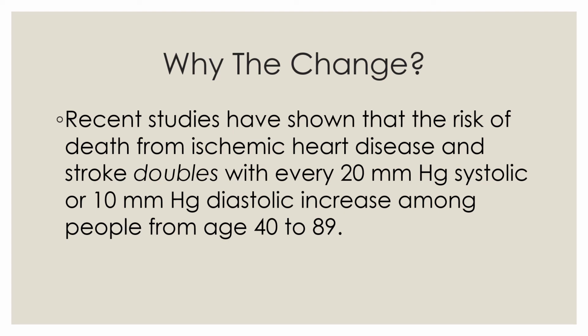So a statistic that's really important is that death from ischemic heart disease and stroke doubles with every 20 millimeters of mercury rise in the systolic or 10 millimeters of mercury rise in the diastolic blood pressure. And this was looked at from people 40 to 89.